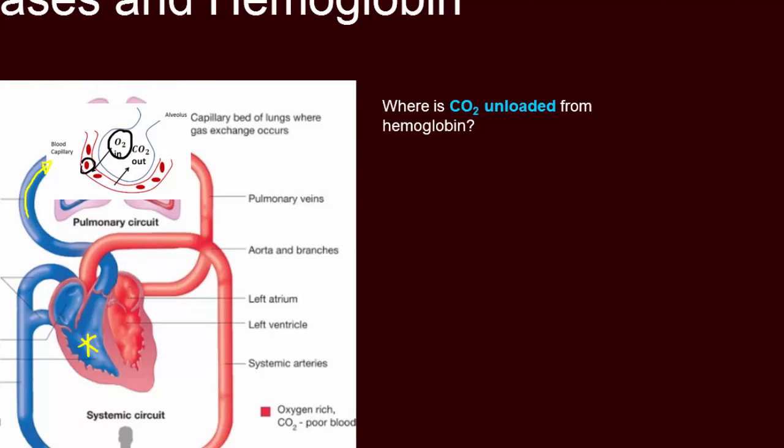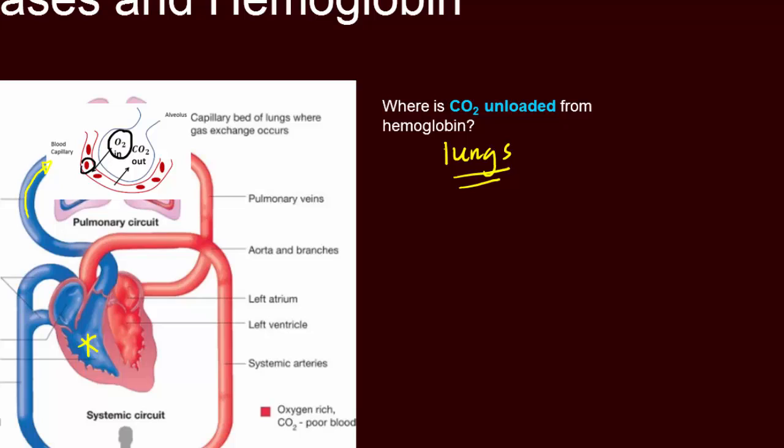Well, what about carbon dioxide? What do we do with the carbon dioxide that's in our blood when that blood goes to the lungs? Well, that's where we unload carbon dioxide from the blood. So the blood in the lungs is going to load oxygen onto hemoglobin molecules, and carbon dioxide is going to be unloaded from hemoglobin molecules.